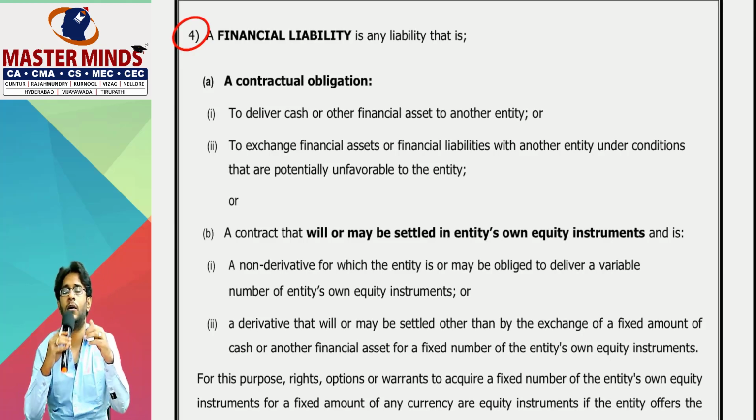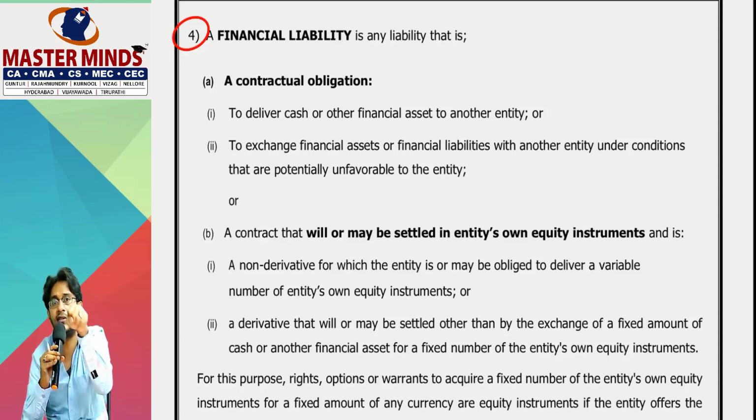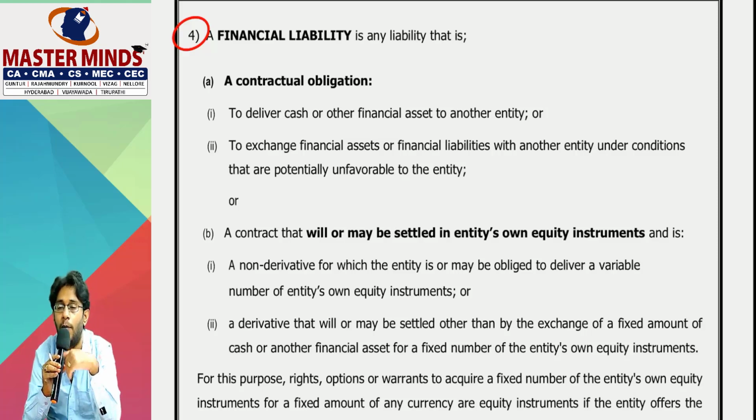Now, sir, in financial assets, we learned 3 points. In that, think of the opposite version of the third point. What is the third point? Contractual right to receive cash is a financial asset. Opposite is what? Contractual obligation. Instead of receive cash, here it is to deliver cash, pay cash.